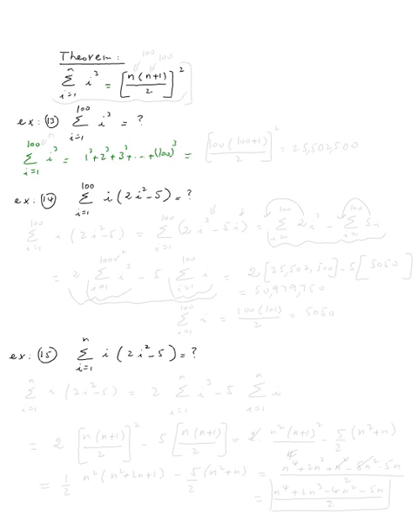Using the formula, it tells me that my n is 100. So all I need to do is plug 100 here and plug 100 there. So this will be 100 times 100 plus 1, everything over 2, and then square it, which means 100 times 101 divided by 2, and then square it.